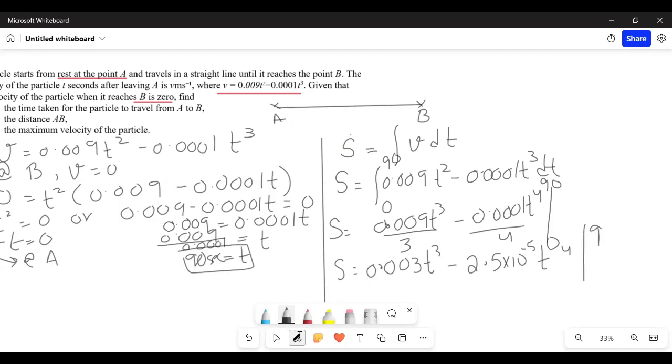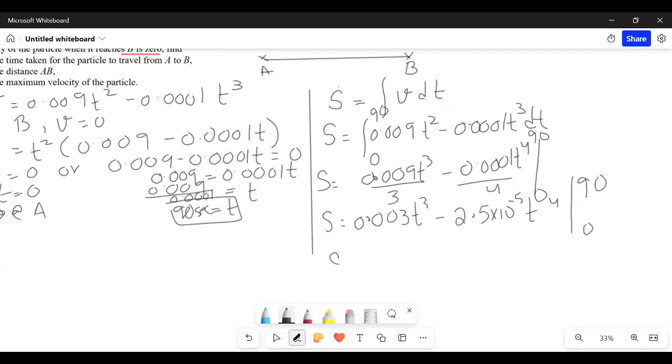And now you substitute t as 90 and then t as 0 and subtract the results. When you substitute that, for 90, you get 546.75. And for 0, you just get 0. So the distance between A and B is 547 meters in three significant figures.